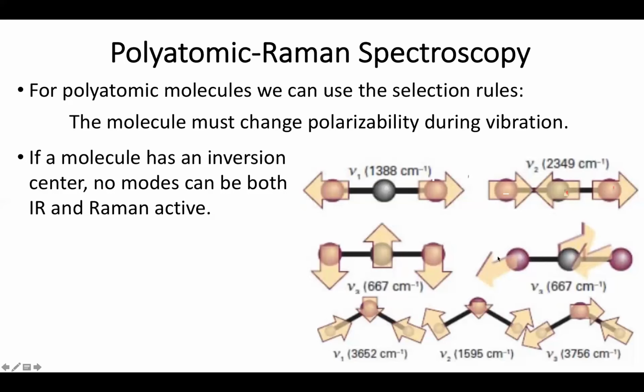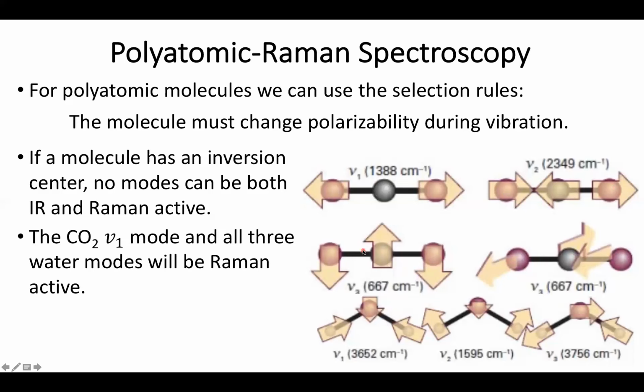So we see a very opposite trend to what we did for IR spectroscopy. For IR, V1 was inactive, V2, 3, and 4 were active. For Raman, V1 is active, V2, 3, and 4 are inactive.